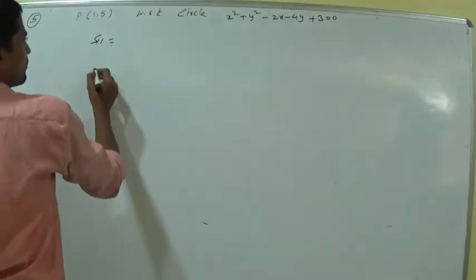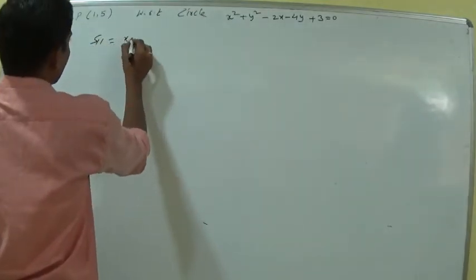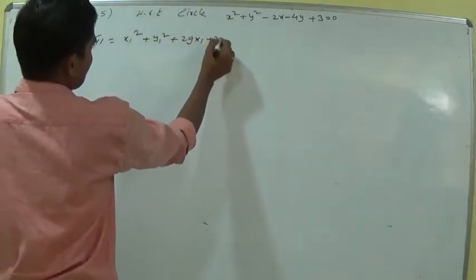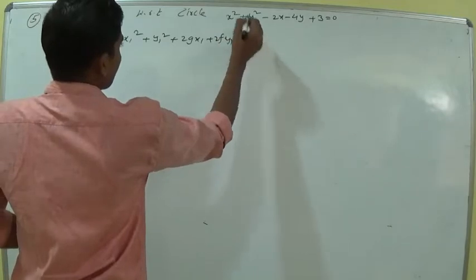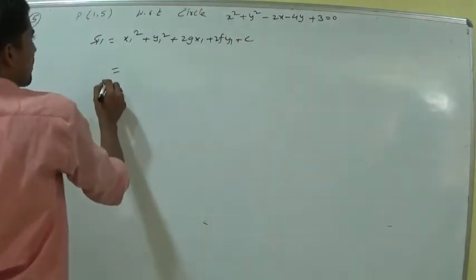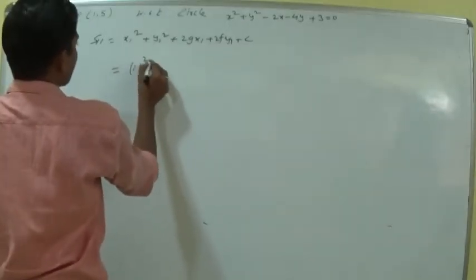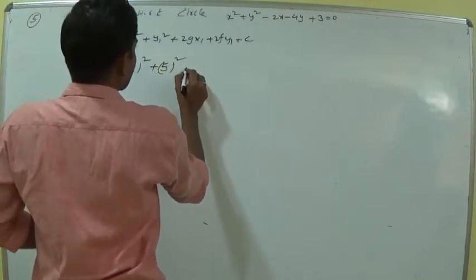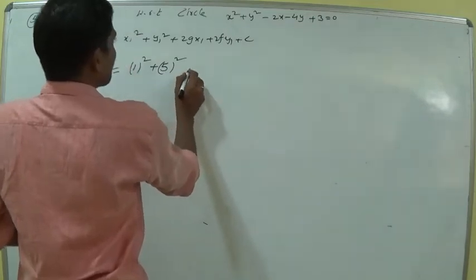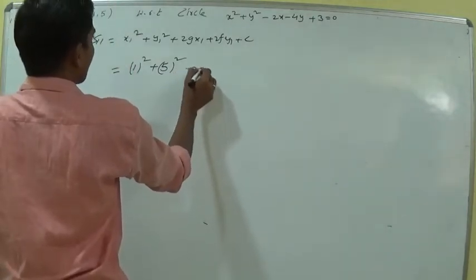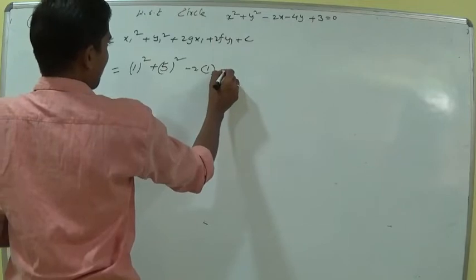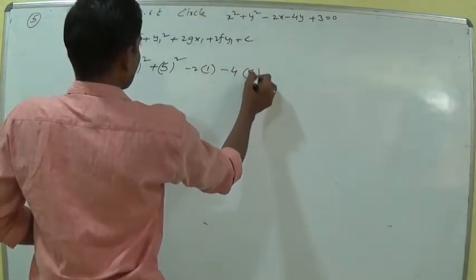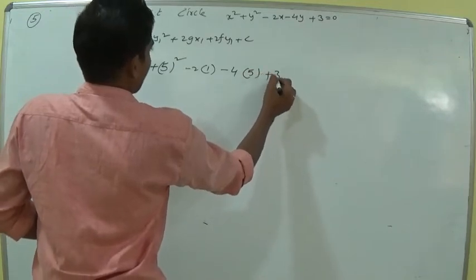S11 is equal to x1 square plus y1 square plus 2gx1 plus 2fy1 plus c, which is equal to 1 square plus 5 square plus 2g, that is minus 2 into x1 which is 1, plus 2f, that is minus 4 into 5, plus 3.